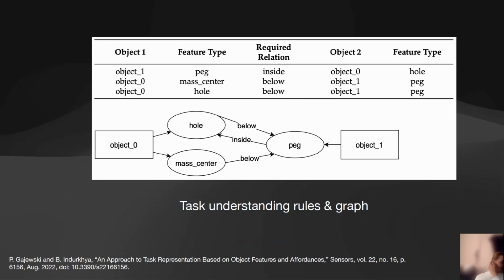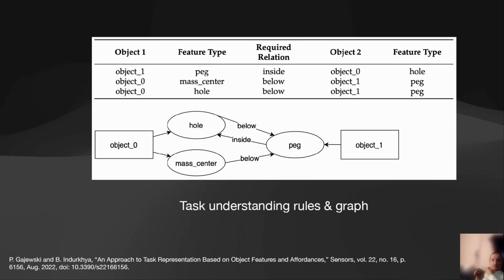And as a result of these two demonstrations, we get a graph like this, which can also be shown as a set of rules that should be satisfied in order for the task to be considered successful. So we have a first object, and it should have a hole in it. It also has a mass center. I could also argue that this is maybe not strictly necessary, but it also doesn't hurt the task description.